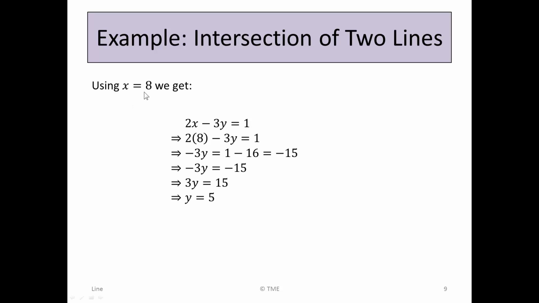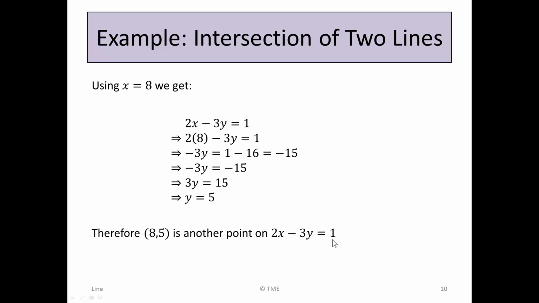Using x equals 8, 2 times 8 minus 3y is 1, so minus 3y is 1 minus 16, which is minus 15. So 3y is 15, y is 5. So 8, 5 is another point on the line 2x minus 3y is 1.